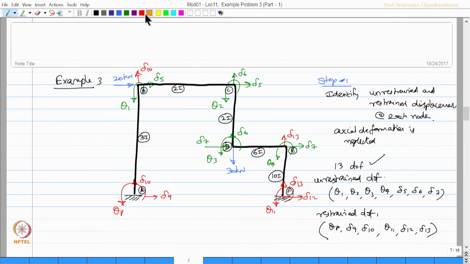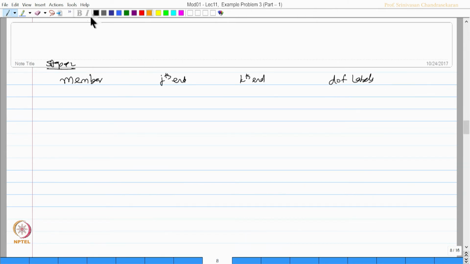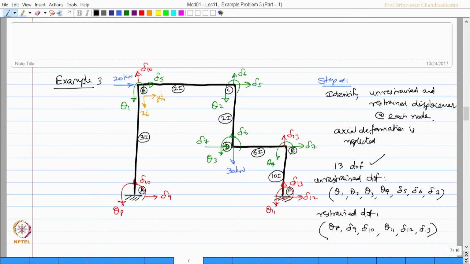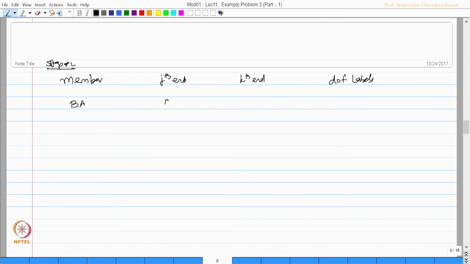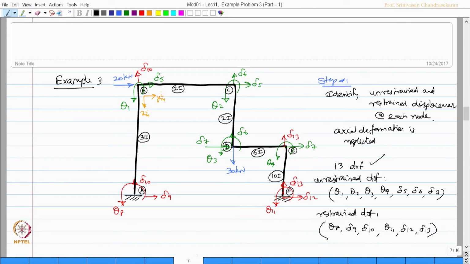The moment I say this is the orientation, so this is going to be my xm and ym for BA. So, I should write here BA, jth end is at B, okay. Kth end is at A, and what are the degrees of freedom?